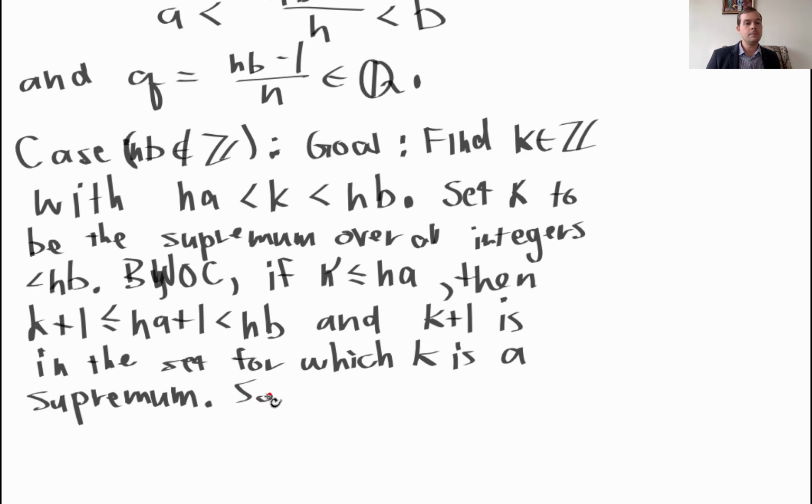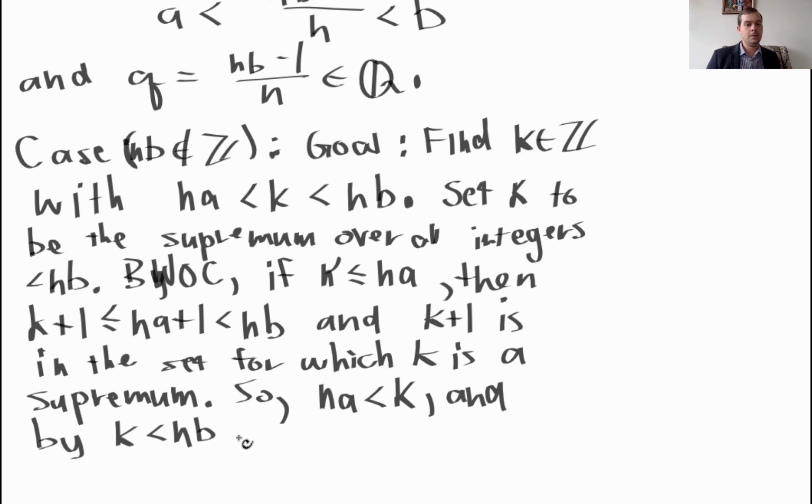So we must conclude that na is strictly less than k, and by our theorem, we know that k has to belong to this set since it's a set of integers. So we have k is also less than nb.